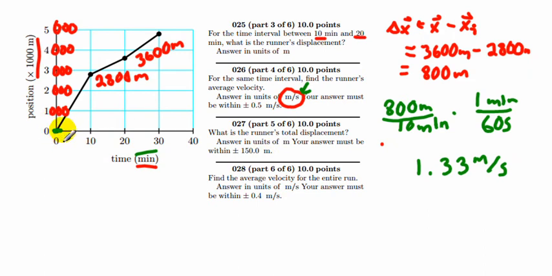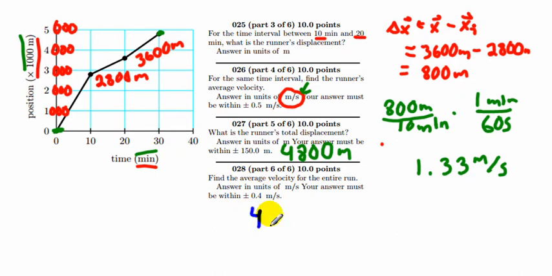Total displacement is from 0 to 30 minutes. So for this graph, it looks like it goes to about 4,800. Again, that requires you to look at this times 1,000 on the axis and find the average velocity. Same issue.